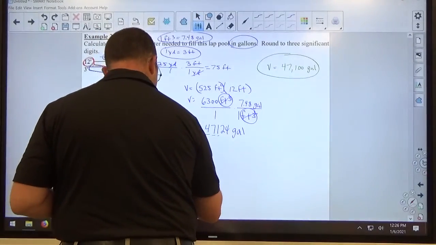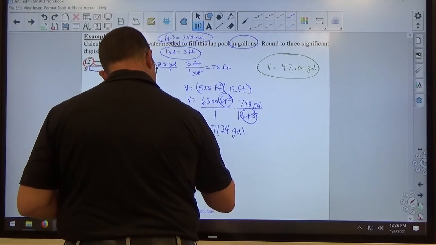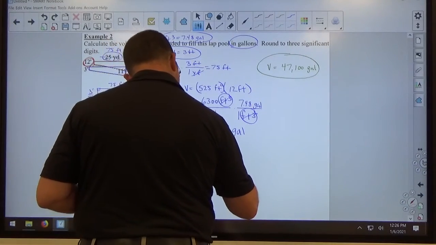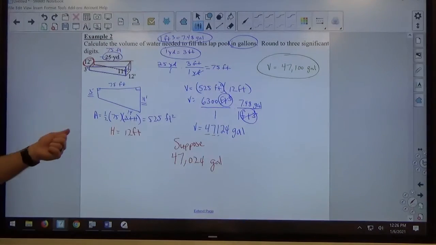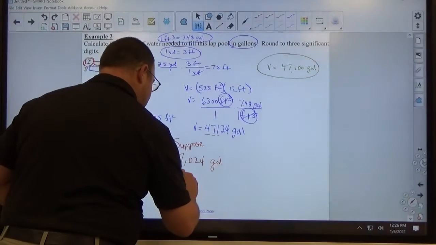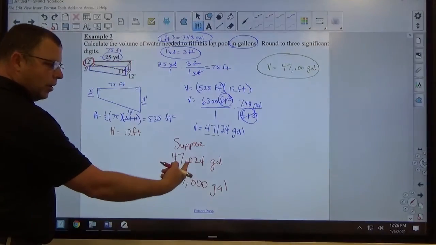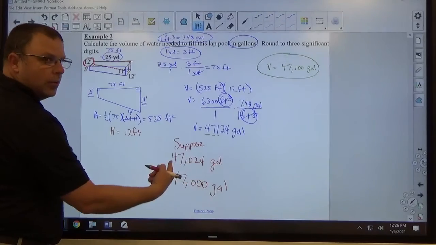It's been a little while since we've seen significant digits. Suppose we got that, right? Well, if I rounded 47,024 to 3 significant digits, that would be 47,000 gallons. This 0 currently is significant because it's between 2 and 7, right?